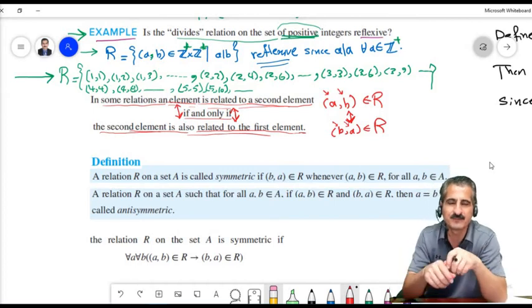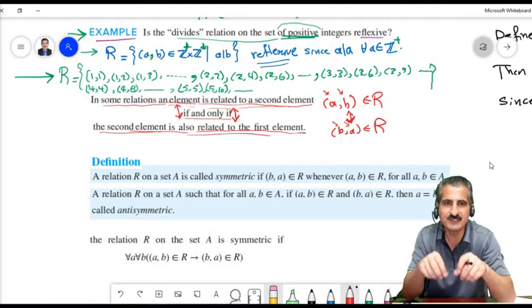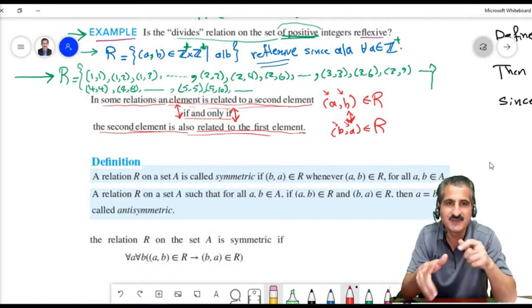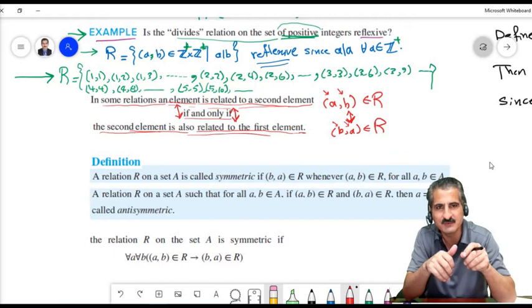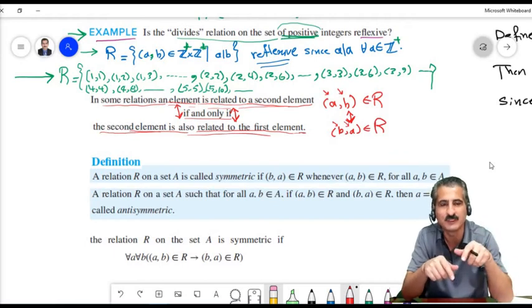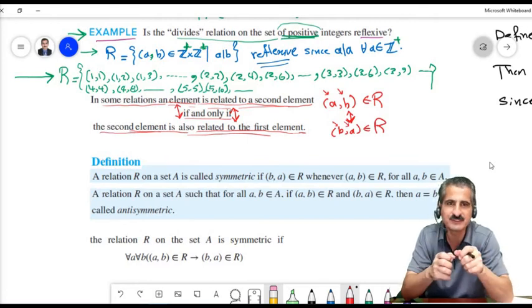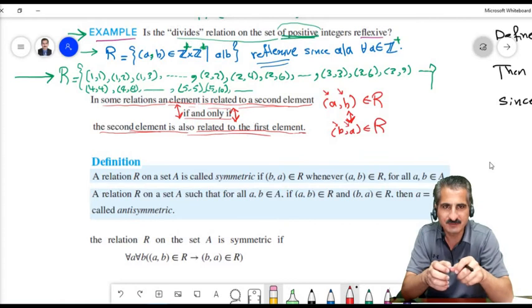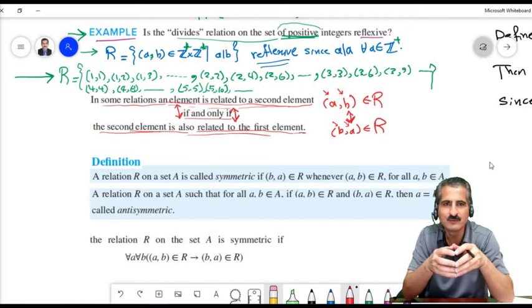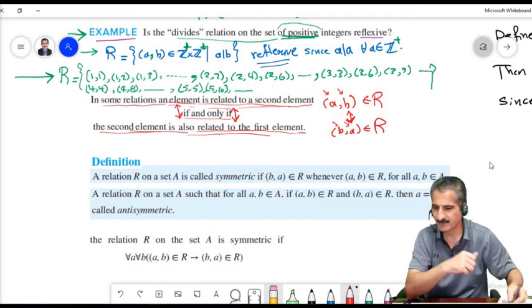Now, we are saying here some relations force this. If A is related to B, then that relation will tell you, okay, so B is related to A. If you get A related to B, then the relation will force you to do the opposite and say B is also related to A. This kind of relation is called symmetric. So when a relation has such a property, we will call it symmetric. So here we go.